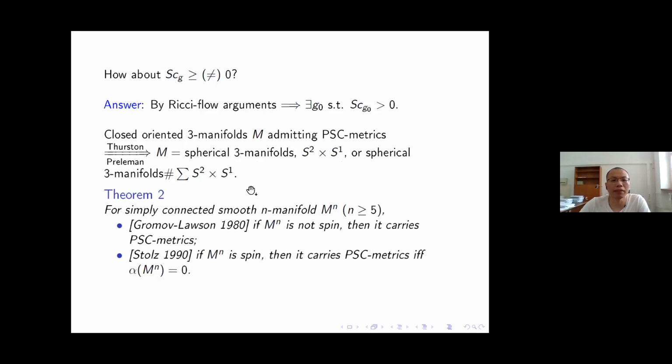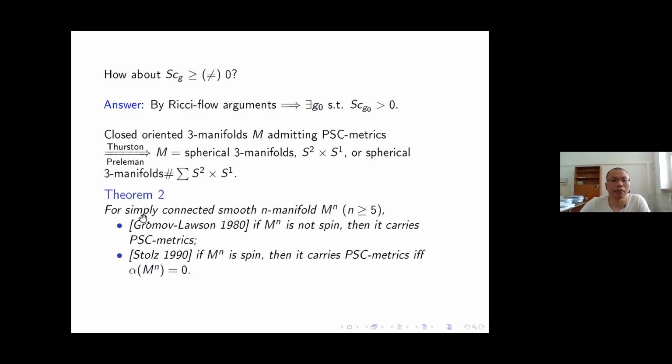And in four dimensions, it relates to the Seiberg-Witten invariants. So there are different stories, a topological difference between four dimensions and high dimensions.